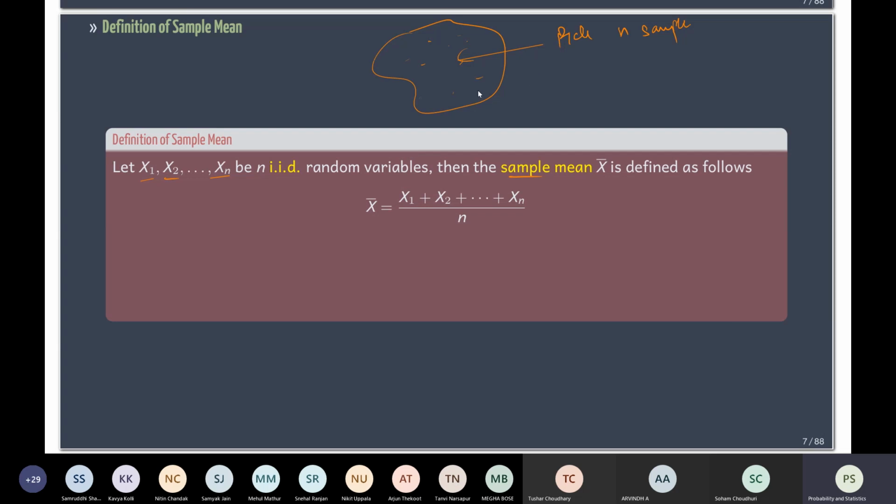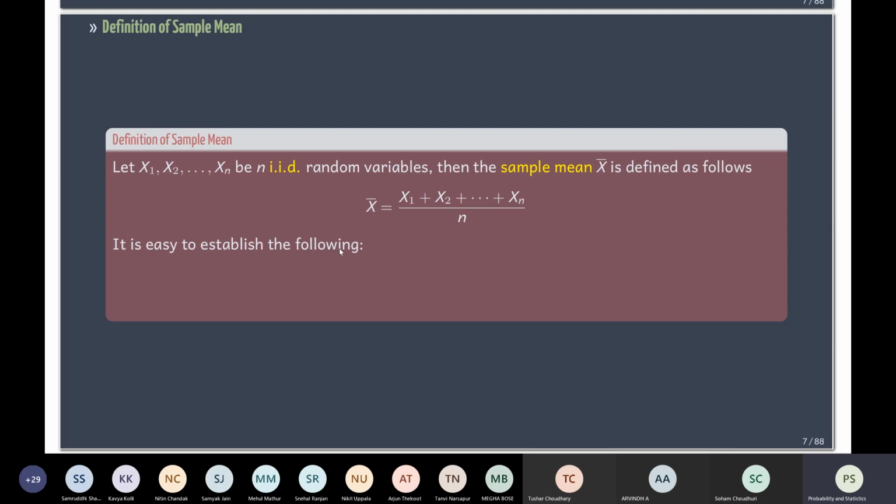It could be the heights of n students. You pick some sample and take an average of that. That is why it is the sample mean, because I'm taking n of them from an even bigger data set, and on my sample of size n, I define the sample mean like that. So I just divide by n here.